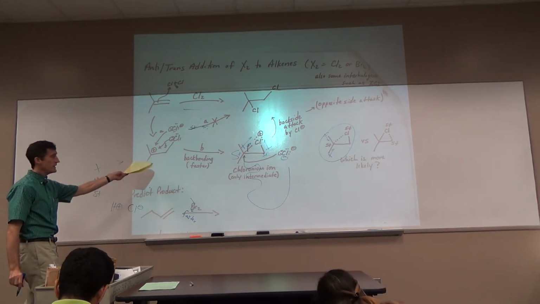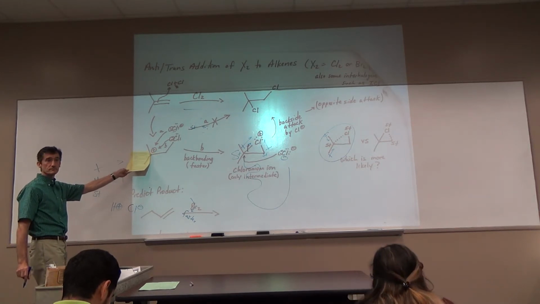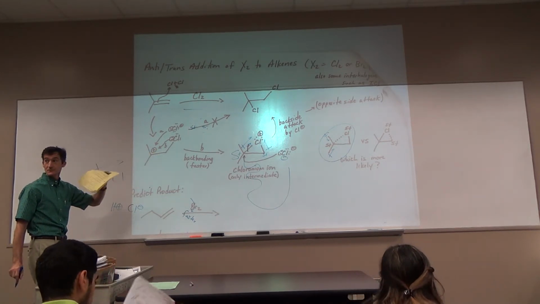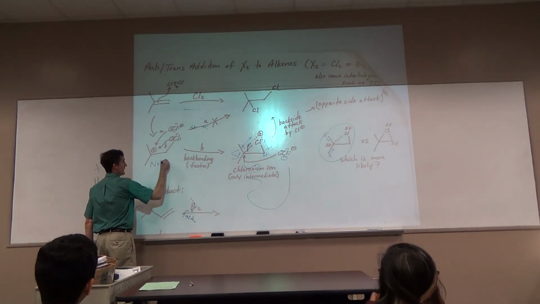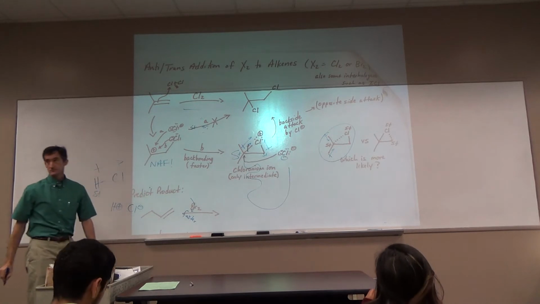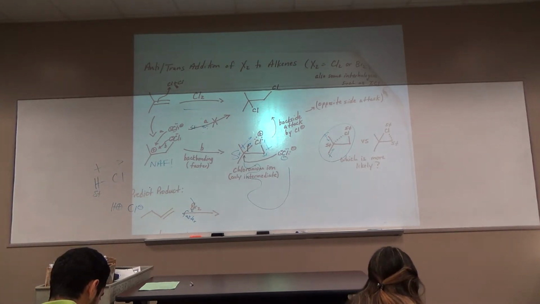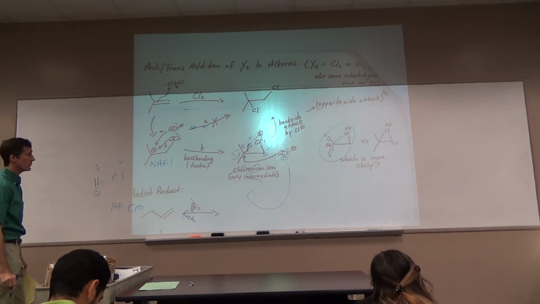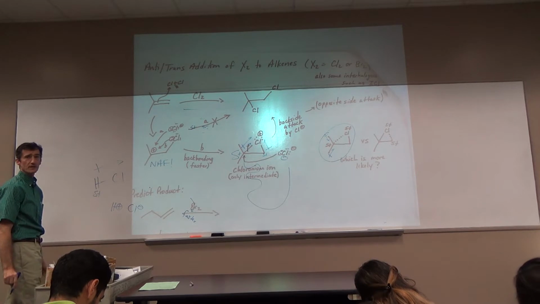So why am I showing a carbocation intermediate? That's because this is not actually formed. You're not going to see that in your textbook. That's my terminology. Not actually formed. There is no carbocation intermediate here.